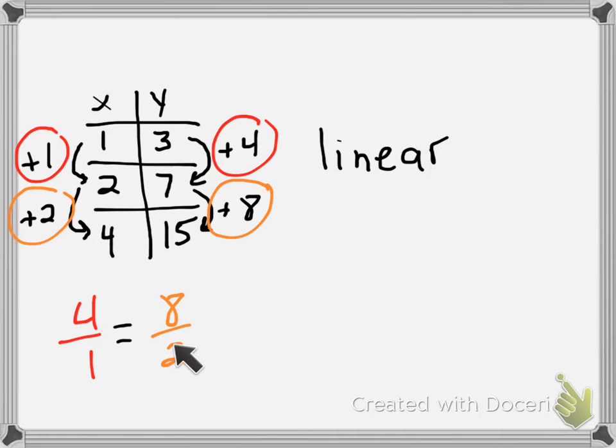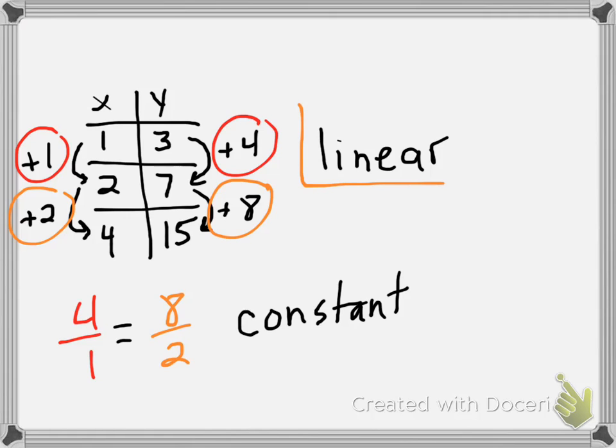Because 8 divided by 2 is 4, 4 divided by 1 is 4. Okay, or if you simplified 8 over 2, it is 4 over 1. Okay, so even though these don't have the same numbers, they're still equivalent. Then this is still constant rate of change. Okay, as long as the rates of change are equal, then it makes it constant. So that's why this function is linear.